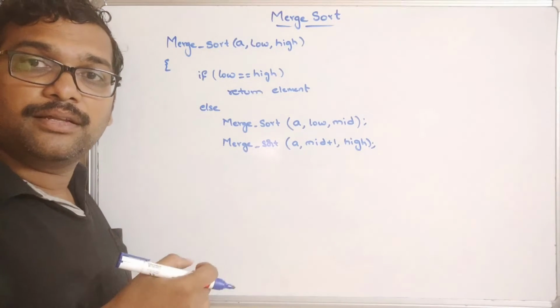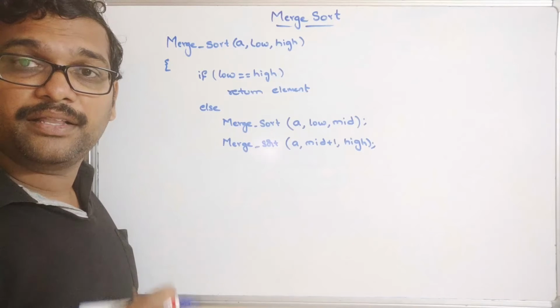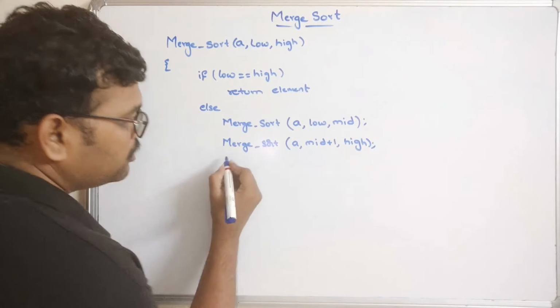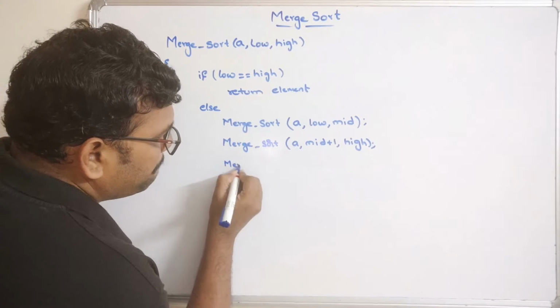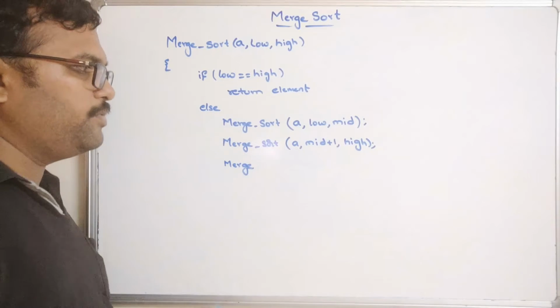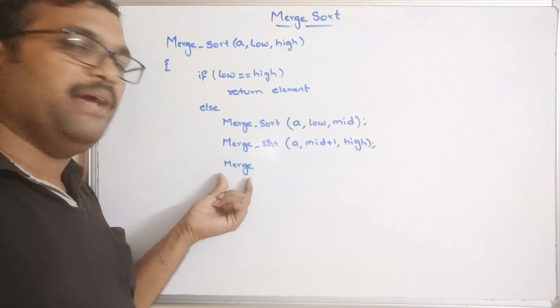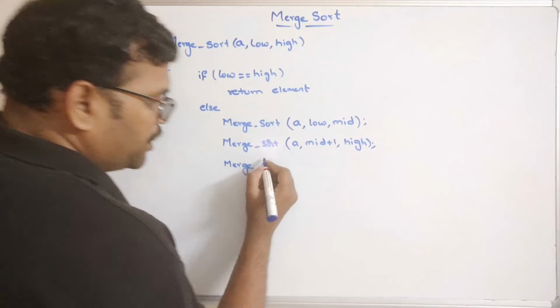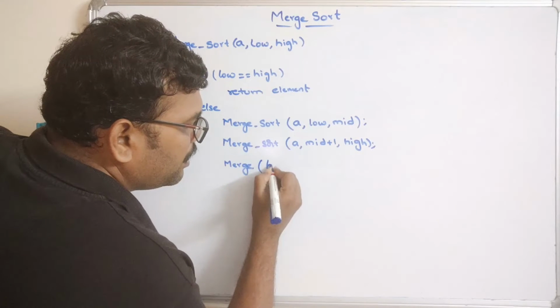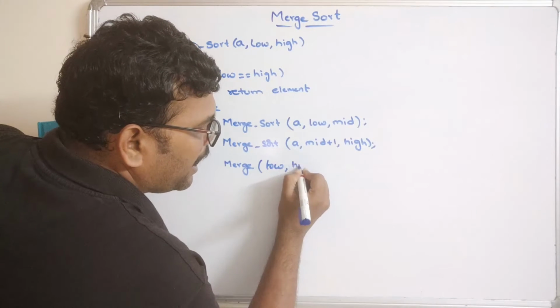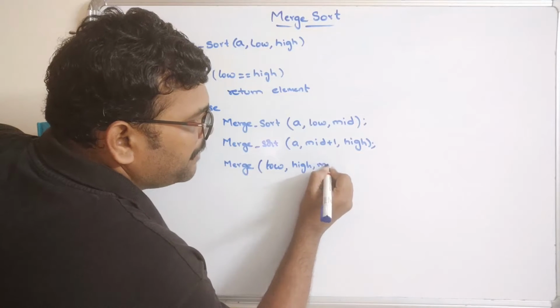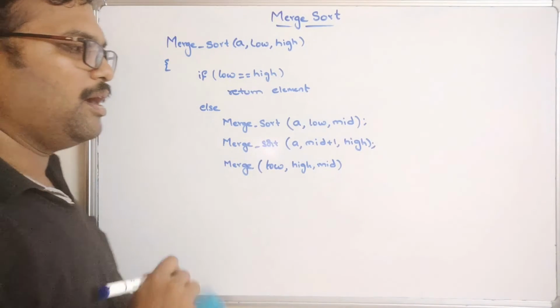So once the division has been completed, then we have to combine, which we call merge. So don't get confused: merge sort is different, merge is different. Merge function: here we will write array, low, mid, high.